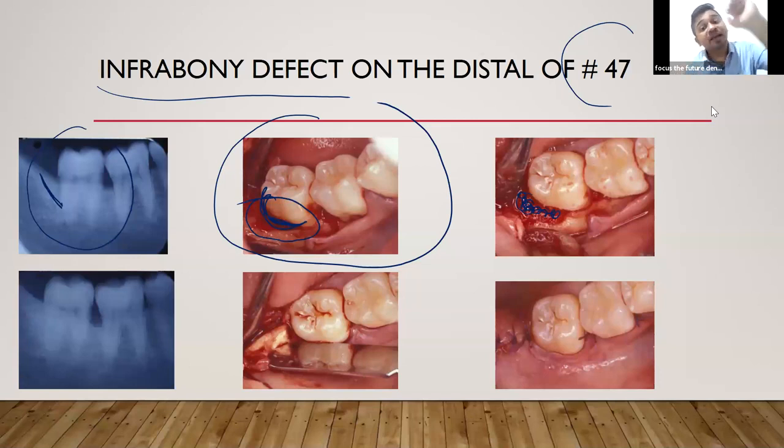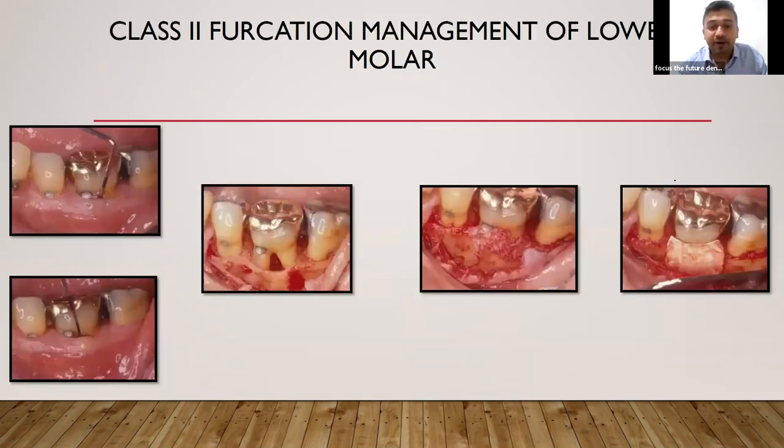Because your epithelium has grown out faster than your bone growth, which, like you all said, results in long junctional epithelium formation. Sometimes this graft, along with the blood clot, will form a strong fibrin clot, and it can act as a barrier and prevent the formation of long junctional epithelium.